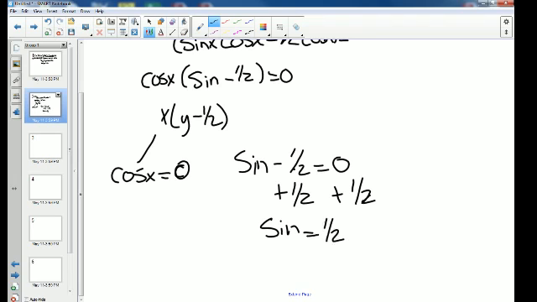On the unit circle, where cosine is 0 is 90 degrees, and where sine is 1/2 is 30 degrees. And that is the answer to number 1.